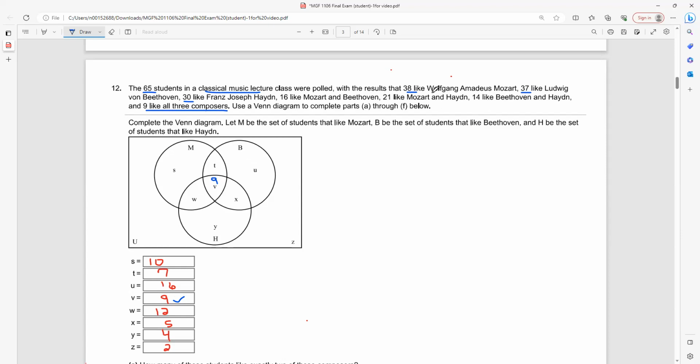Up here, we have 16 of them. So we're going to take that 16 and subtract 9 from it to determine what T would be. 16 minus 9, and so letter T, which we have labeled down here, should be 7.